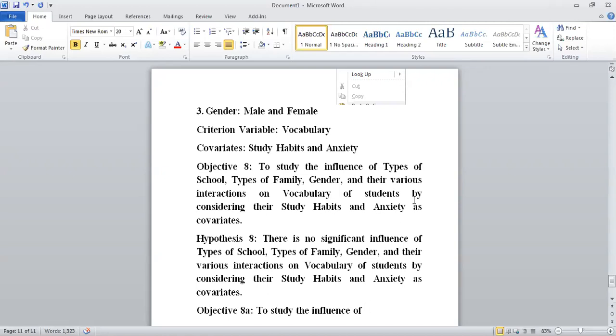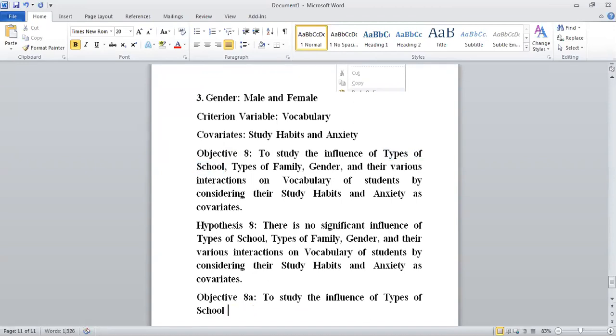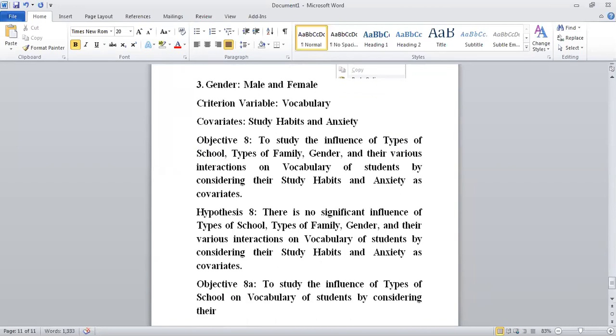So to study the influence of types of school on vocabulary of students by considering their study habit and anxiety as covariates.